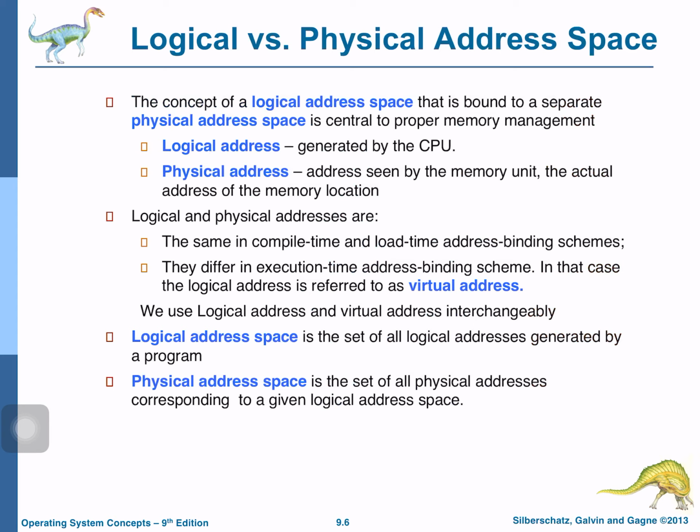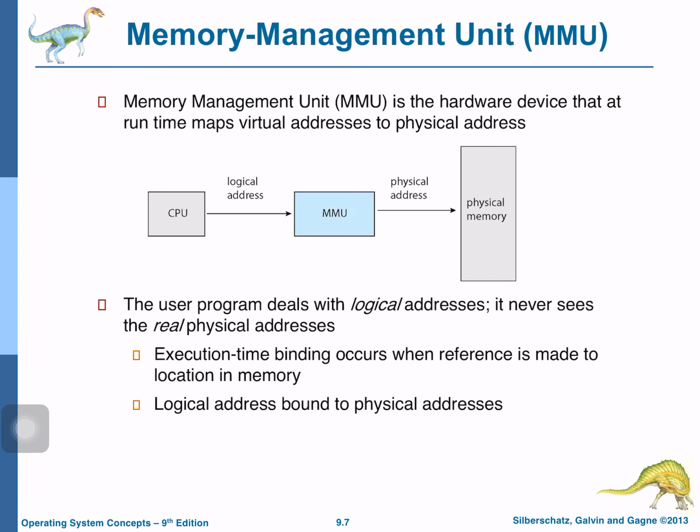The logical address space is the set of logical addresses generated by the CPU for the program, and the physical address space is the set of all physical addresses corresponding to a given logical address space. So for the hardware support, it has the memory management unit.